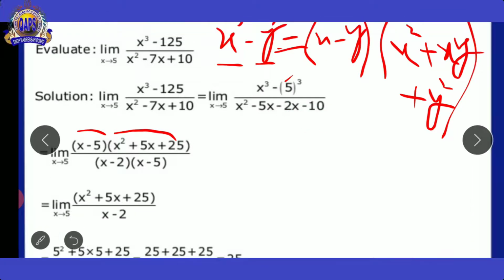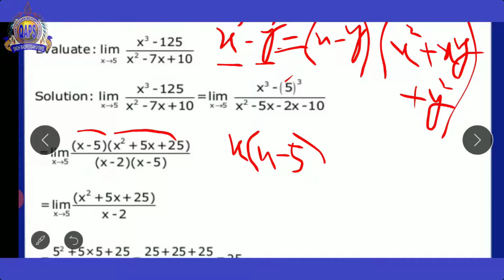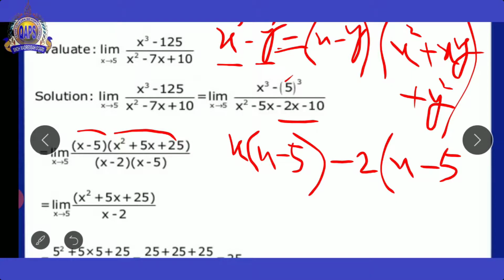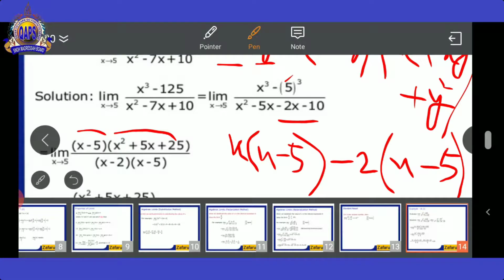Now x is common from x minus 5x, and here minus 2 is common, so x is converted into positive and negative 10 converted into positive.